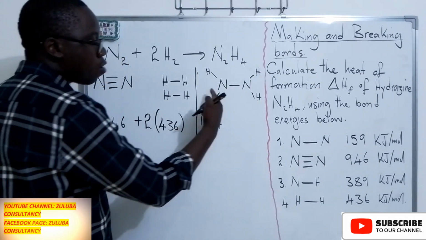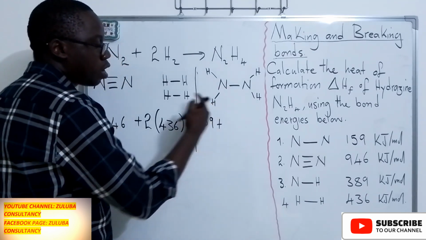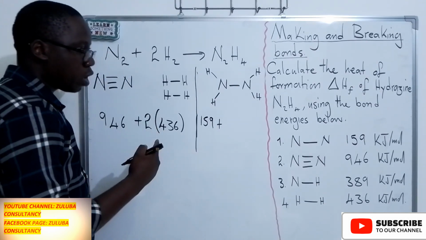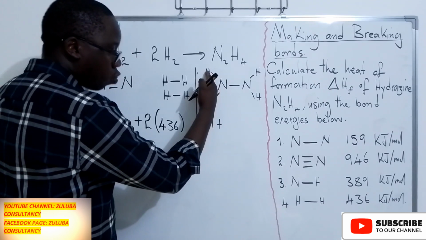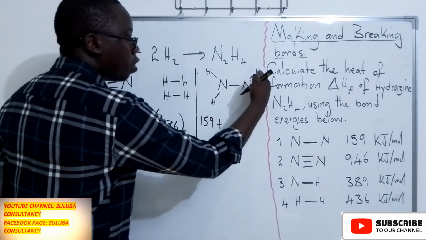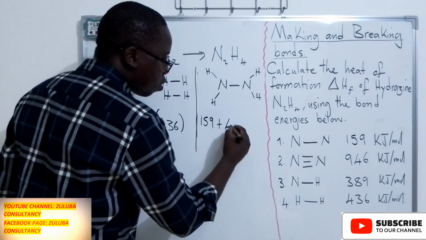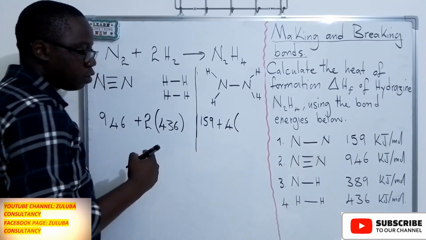Thereafter, we have the nitrogen to hydrogen bond. How many bonds do we have? We have this one, 1, this one, 2, this one, 3, and this one, 4. So we have 4 bonds of nitrogen to hydrogen.